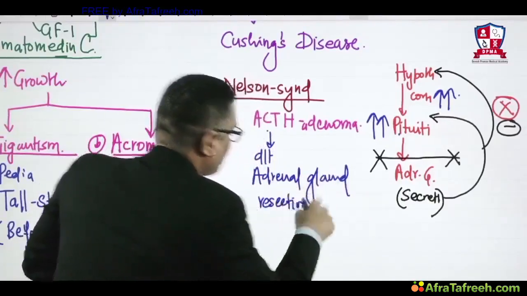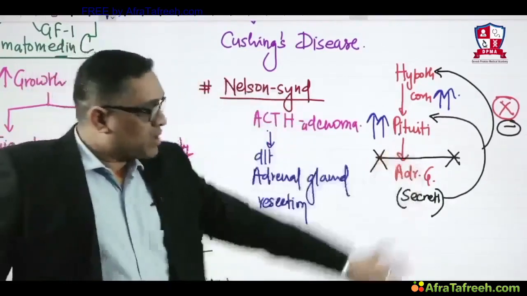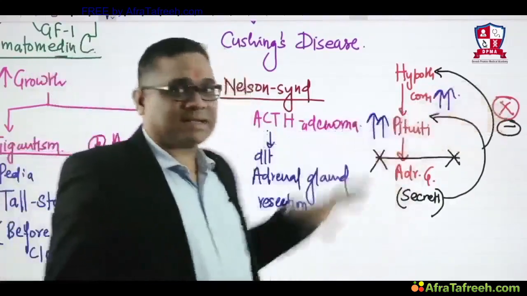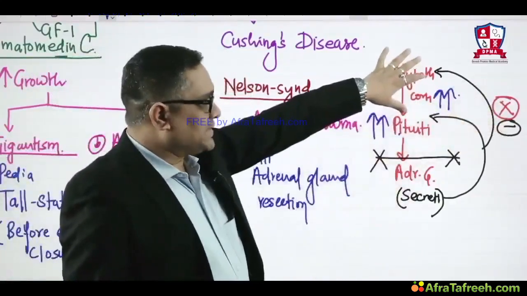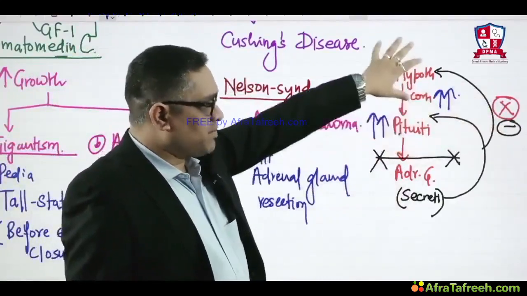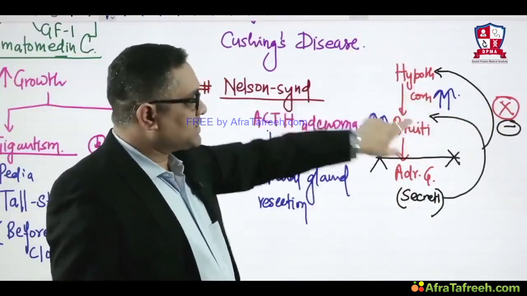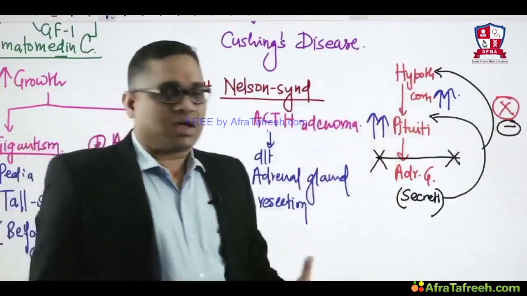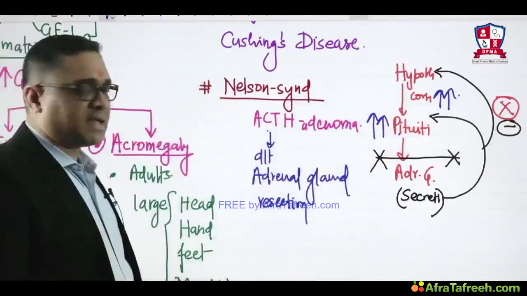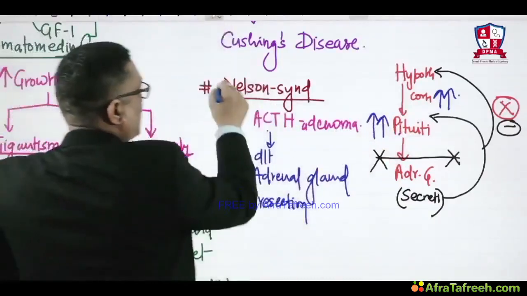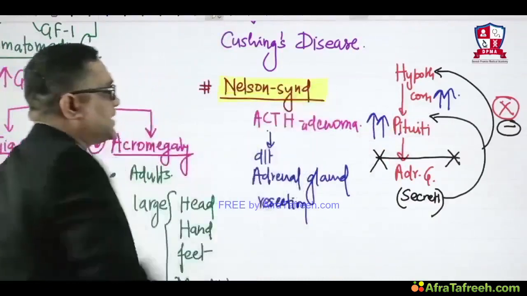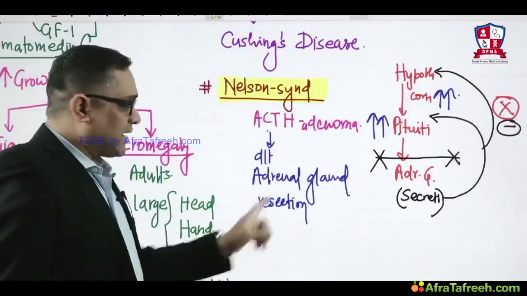Right, we have removed the adrenal gland. After removal, the negative feedback has been lost. There will be more corticotrophin secretion from the hypothalamus. The pituitary will be having more ACTH, and that will transform into ACTH adenoma. So that is the point we have to keep in mind. What is Nelson syndrome? ACTH adenoma secondary to adrenal gland resection.